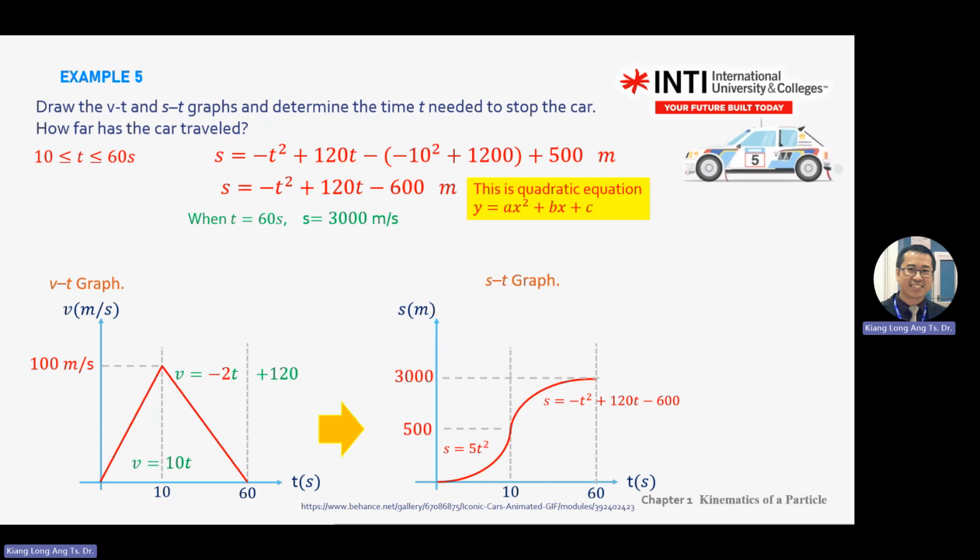So the first one, you have v equal to u plus a t. A must be constant. Second one, v squared equal to u squared plus 2 a s, where you replace u with v0.